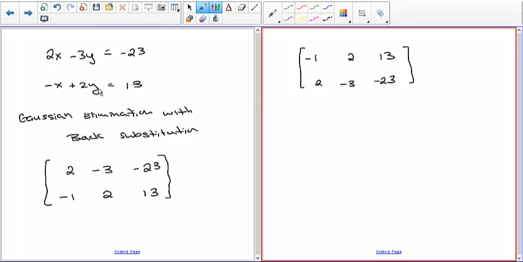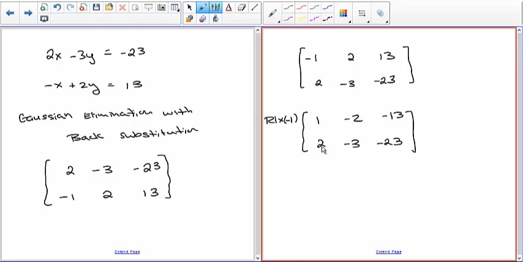Still the same two equations, just like taking these two equations and moving this one first. But I still have -1 there. So what I'm going to do is take row 1 and multiply by -1. So that'll end up with 1, -2, -13, and then row 2 stays the same. Okay, so that's the first check, 1 in the upper left-hand corner.